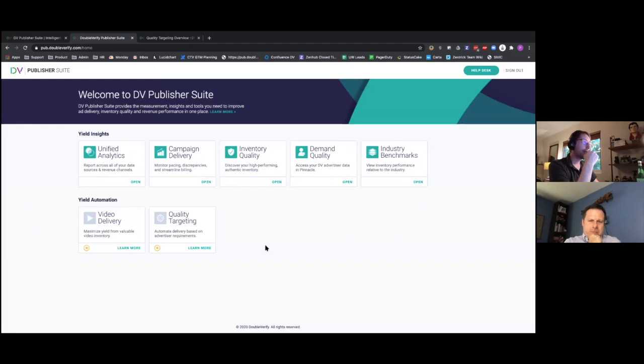And so that brings us to the full picture again, right? If we look at all the building blocks, like unified analytics and campaign delivery, the last two we looked at are aggregate data, normalize it, report it, understand what's going on. The quality side is build a first-party data set across your whole inventory to identify diagnostics around verification KPIs.